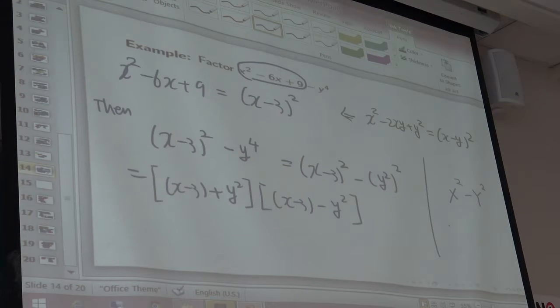So that's it, which is x minus 3 plus y squared, and x minus 3 minus y squared. And that's the factorization.